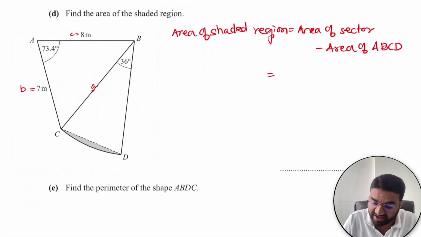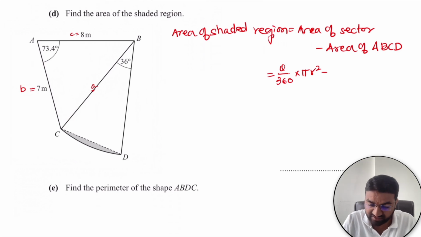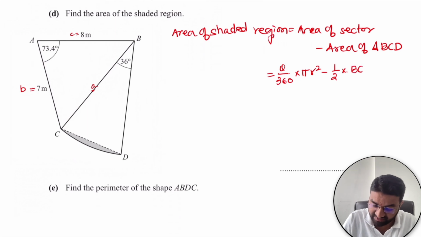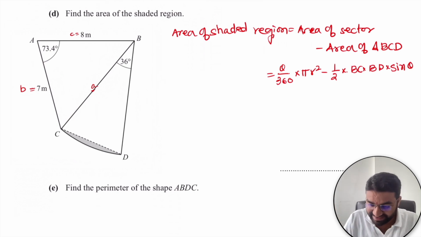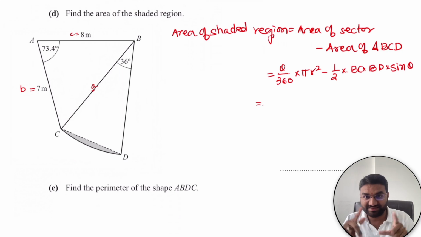So area of sector is theta by 360 times pi r square, minus area of triangle, 1/2 BC times BD, right, times sine of the angle between BC and BD, which is theta, isn't it? I hope you are getting it. All right, so just calculate this one, stop the video and comment the answer in the comment box as well.